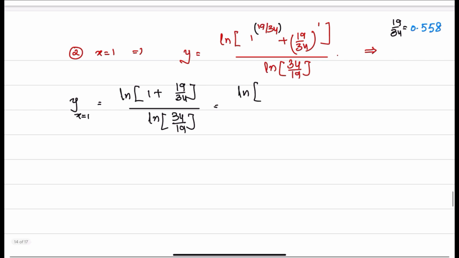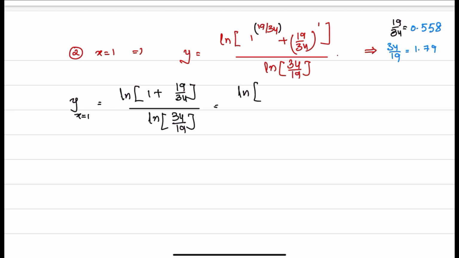Then 34 by 19 is nothing but the reverse of it. Maybe around, we can say, 1.79 approximately.